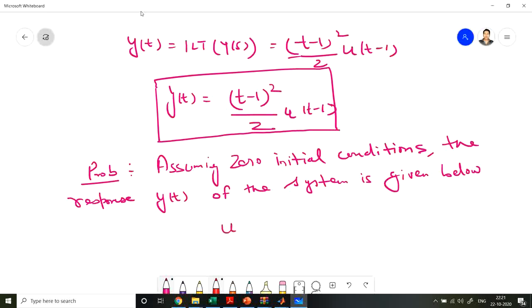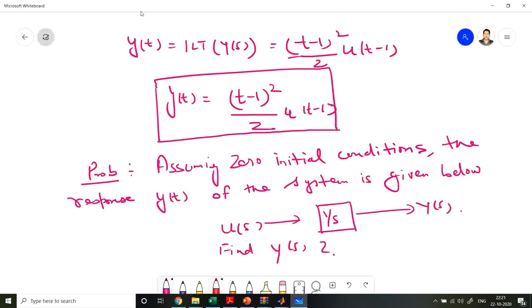So this is the input, and this is 1 by s, that is the transfer function, and the output is Y(s). Now the question is to find Y(s) assuming zero initial conditions.